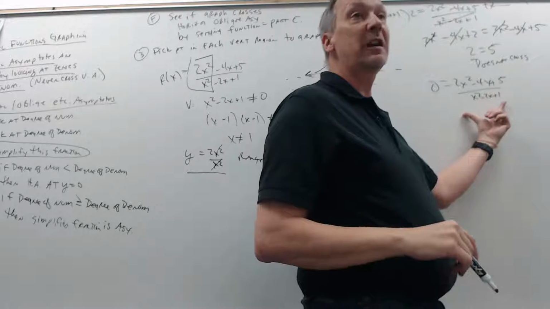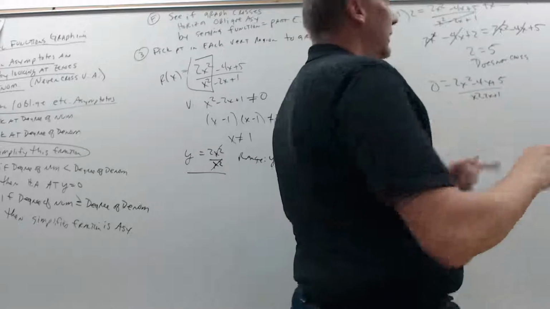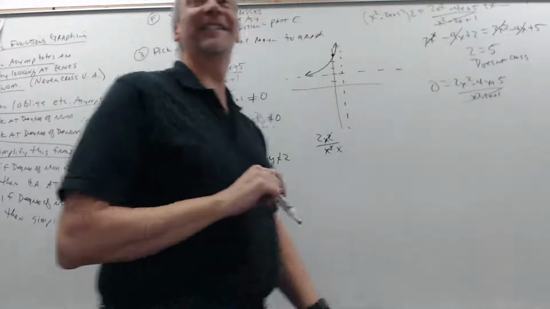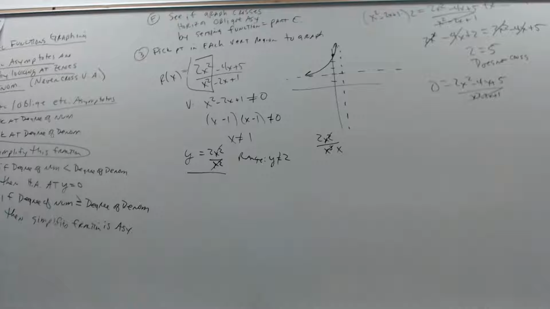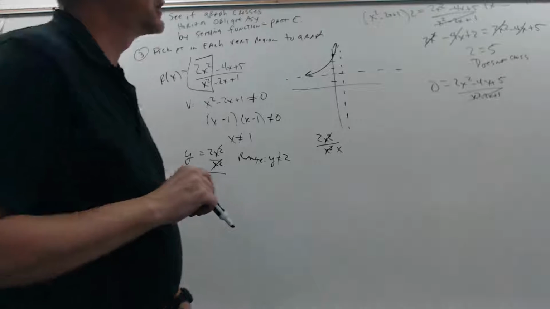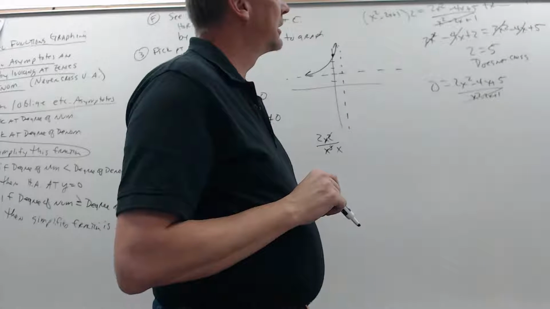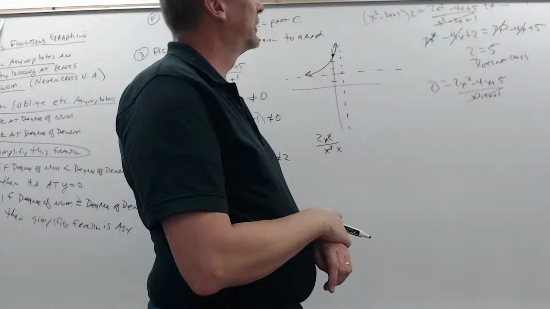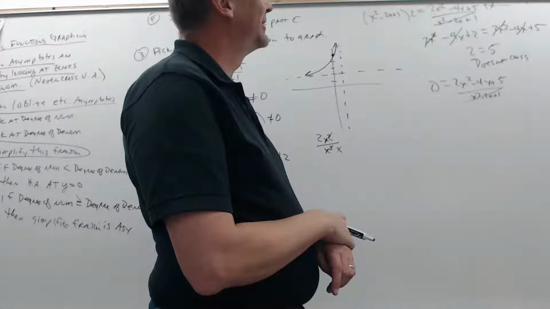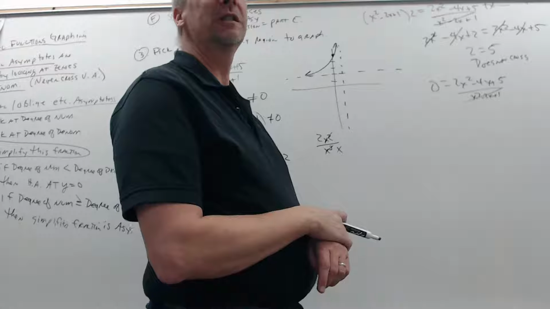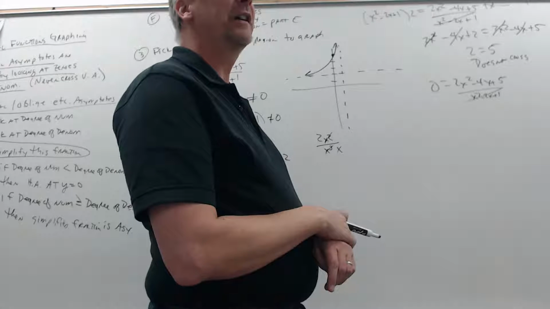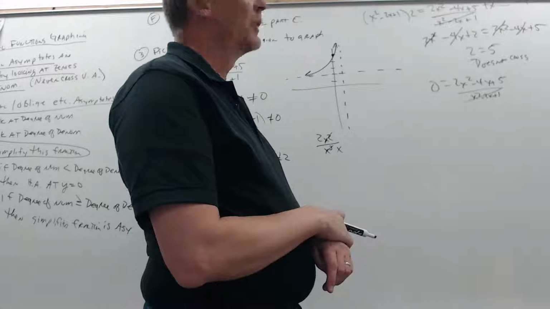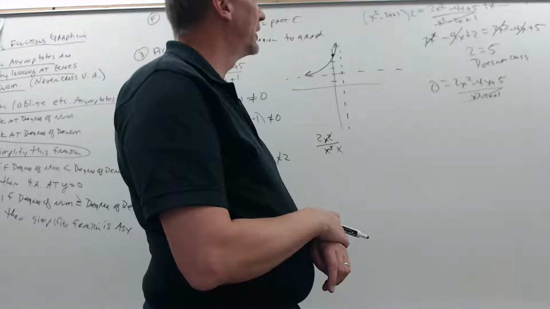Multiply both sides by the denominator, correct? So that's just going to go away. Okay, and then what? Is that factorable? It's not factorable, is it? So that's not going to be a very nice point. We can use the quadratic formula.